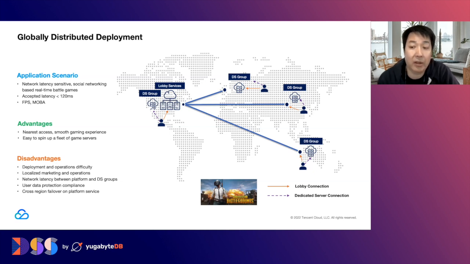This is for social networking based real-time battle games. The advantages of this are that you get access to the closest point with a very smooth gaming experience. It's also easy to spin up a fleet of game servers in this model.